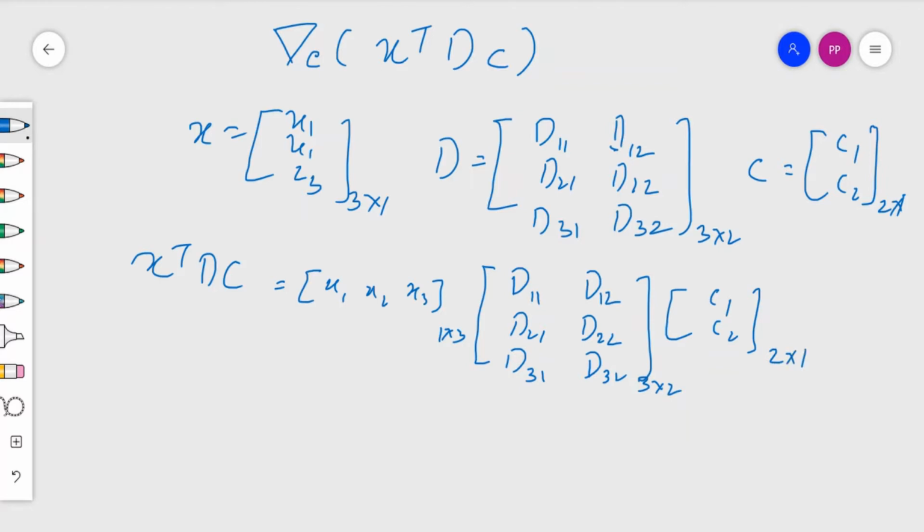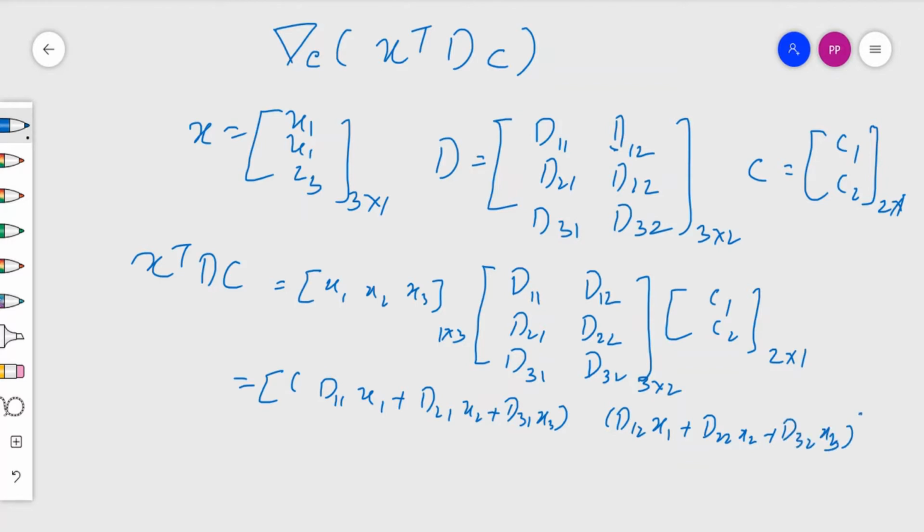This is equal to, let us operate with the X transpose and D, so we'll get the element by element product: D11 x1 plus D21 x2 plus D31 x3. Then the second element should be D12 x1 plus D22 x2 plus D32 x3 like this. And with that we have C1 and C2 for the dot. So eventually this will give you a scalar result so that it can be differentiated.